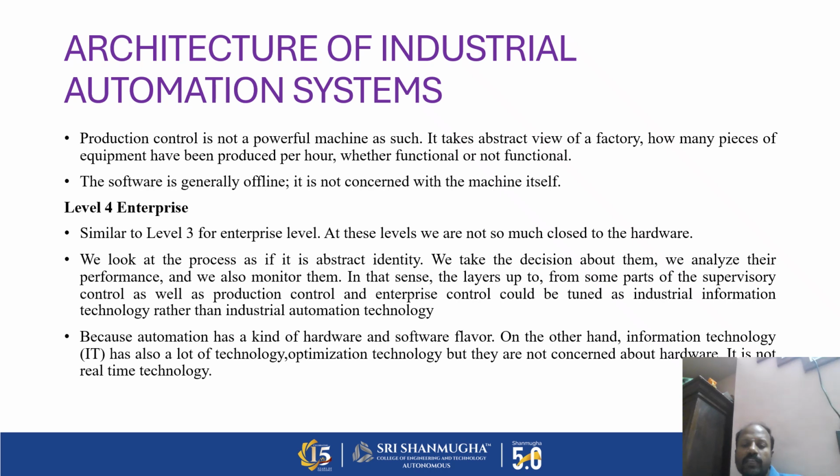In that sense, the layers from the supervisory control, production control and enterprise control could be termed industrial information technology rather than industrial automation technology, because automation has a kind of hardware and software flavor. In this case, it is information technology. We are taking care of optimization technology, but they are not concerned with hardware. It is not real-time technology.